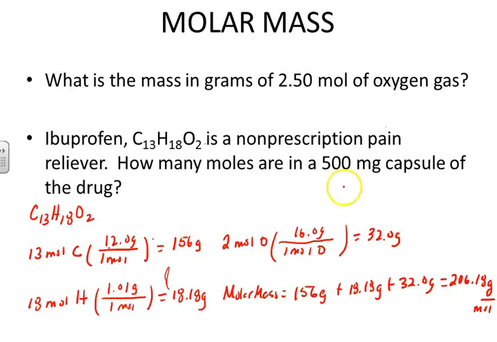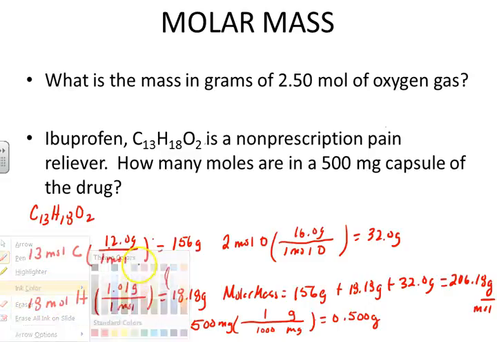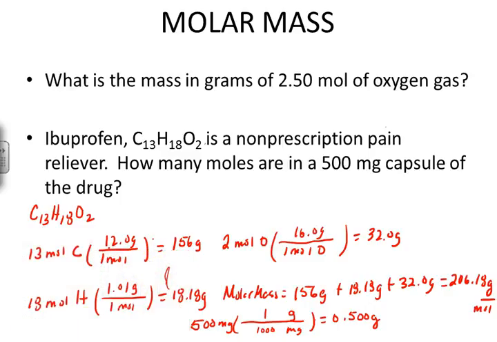The next step would be that we want to know how many grams we have in this capsule. So we have 500 milligrams. We're going to convert this to grams. There are a thousand milligrams in a gram, so this is going to be 0.500 grams.